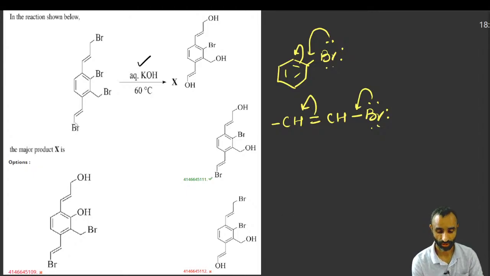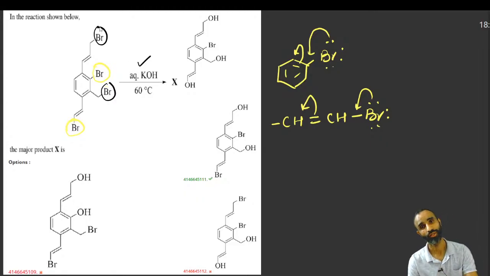So see, this is vinylic, this one is aryl, aromatic halide, but these two can be easily replaced. So we have identified these two. So these two are replaced by what?